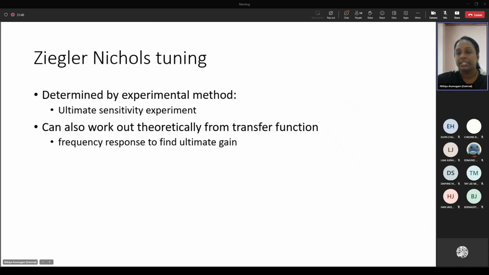Meaning the proportional gain, the KP, is kept while the integral and derivative gains are set to 0. The proportional gain will be increased until it reaches the ultimate gain.